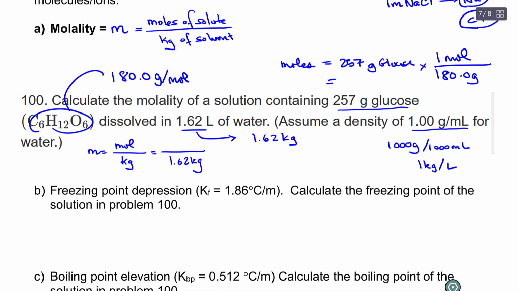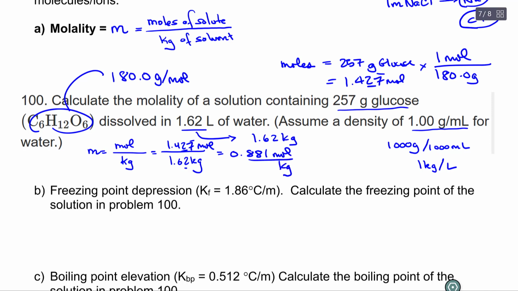And that number gives 1.427 repeating moles, and it's 3 sig figs. So I can write 1.427 moles with 3 sig figs, and that comes out to 0.881 moles per kilogram.